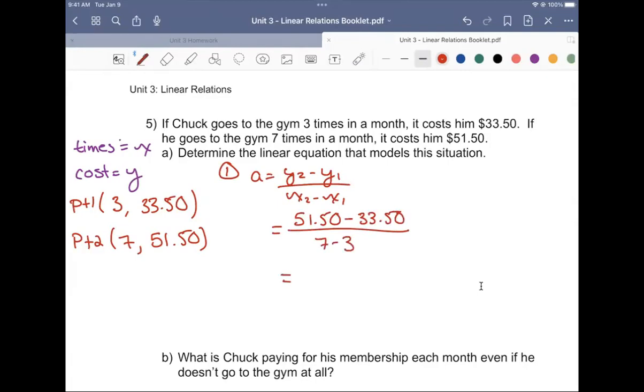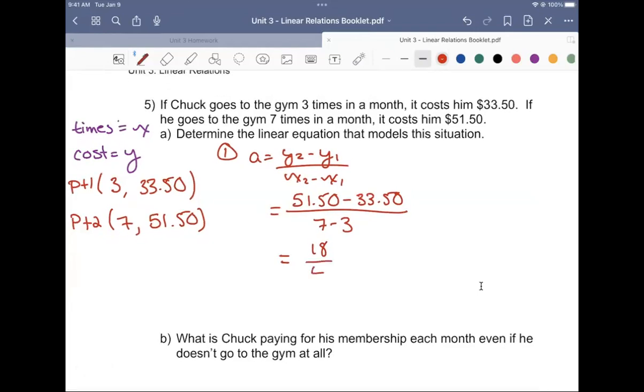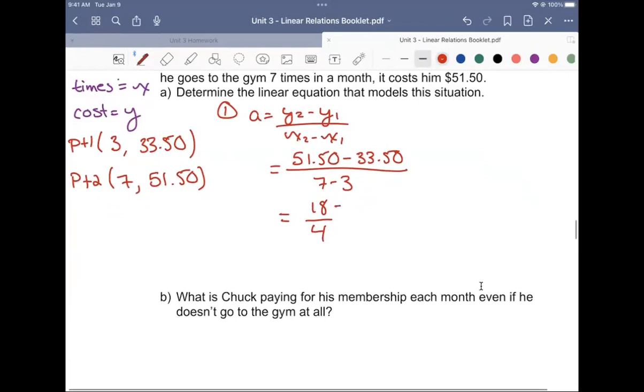So the difference in cost in those two was $18 between going 3 times and going 7 times. The difference in amount of times that he's gone is 4. If I reduce this down, I can divide top and bottom by 2, and I will get 9 over 2.